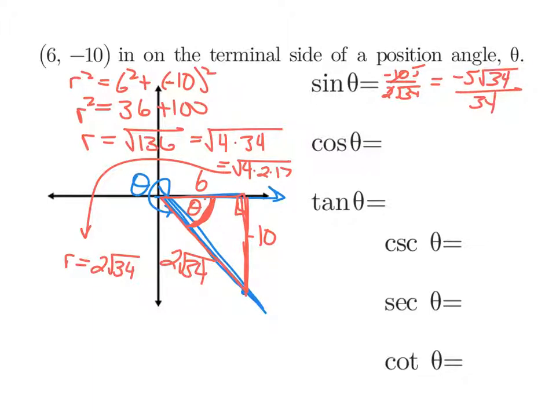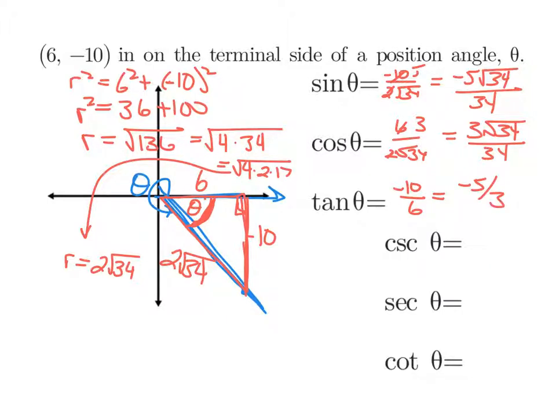For the cosine, that's adjacent over hypotenuse. The 2 and the 6 cancel. And this will leave me with 3 root 34 over 34. And the tangent is opposite over adjacent. We can simplify that 2 into negative 5 thirds.